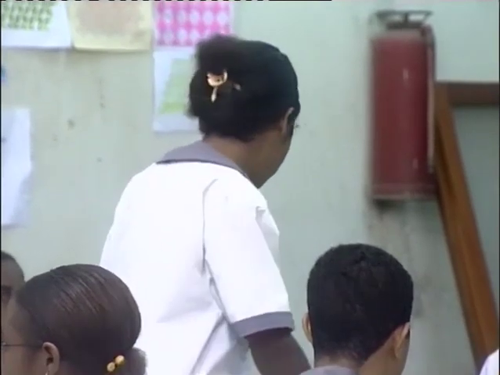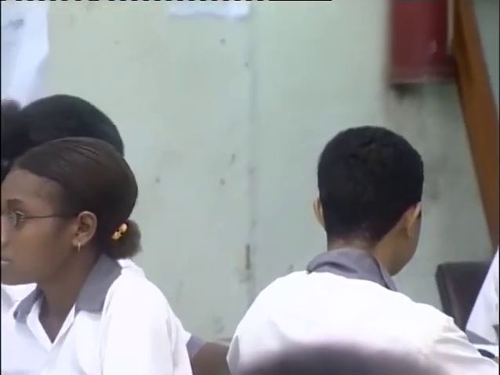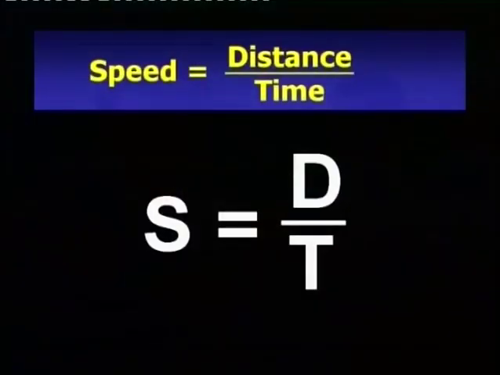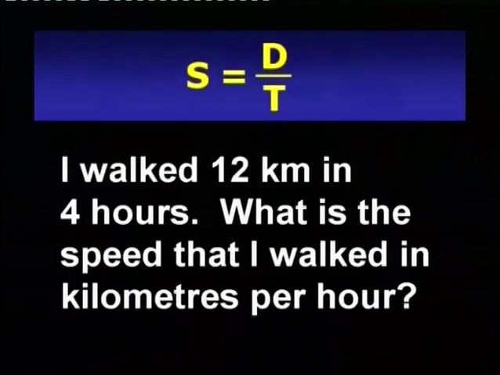Speed equal to distance over time. Okay, thank you. Speed equals distance over time, or we can say S is equal to D over T. So using this formula, I'd like you to calculate the speed that I walked, this time in kilometers per hour.